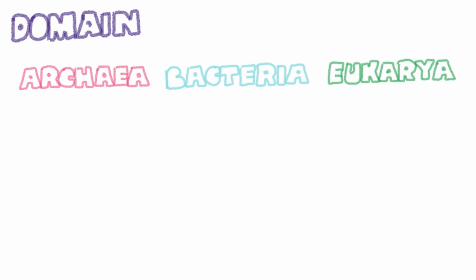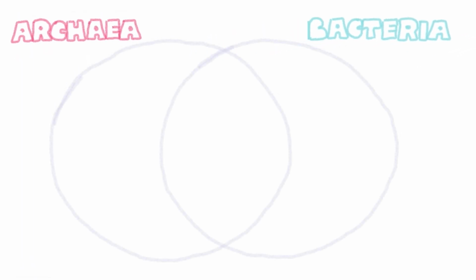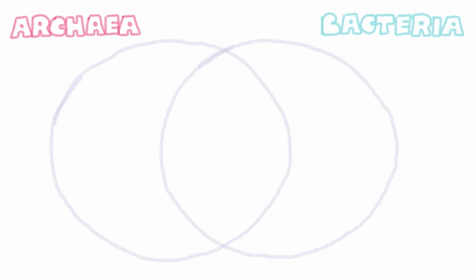Now, don't get me wrong, bacteria and archaea do in fact have a lot of things in common. They contain all the prokaryotic cells, that means the ones without a nucleus, and they are all unicellular organisms. But they are also distinct from one another. Bacteria are the ones you're all familiar with, and they can come in all sorts of forms.